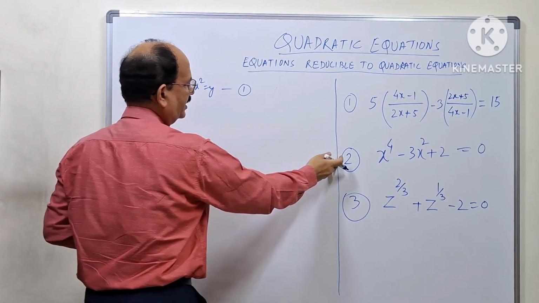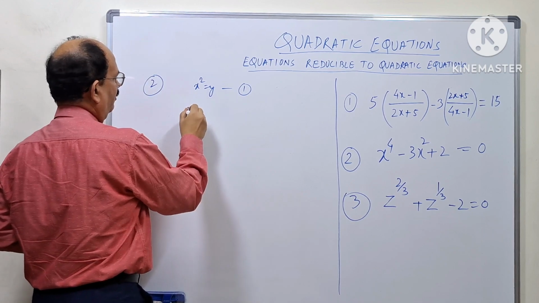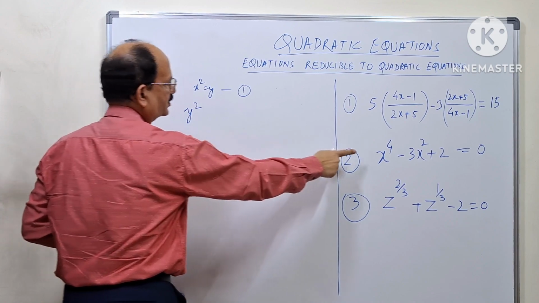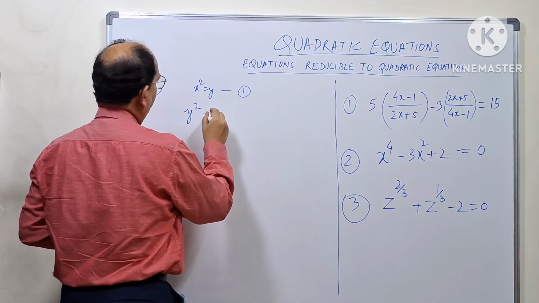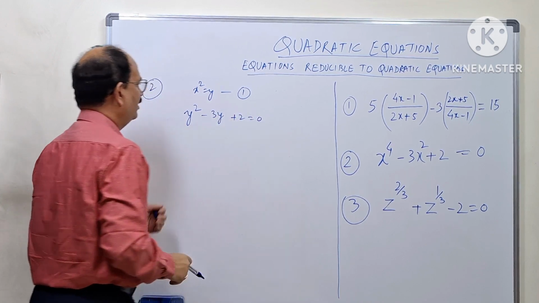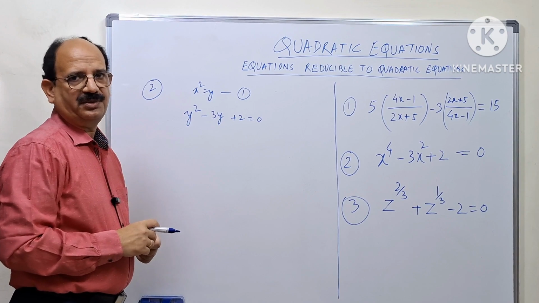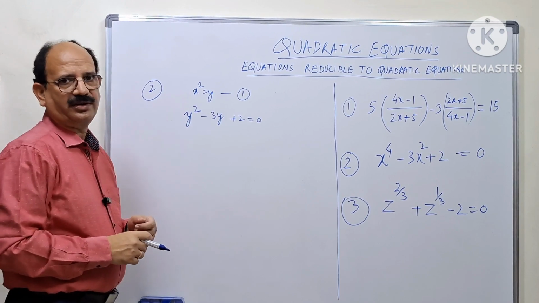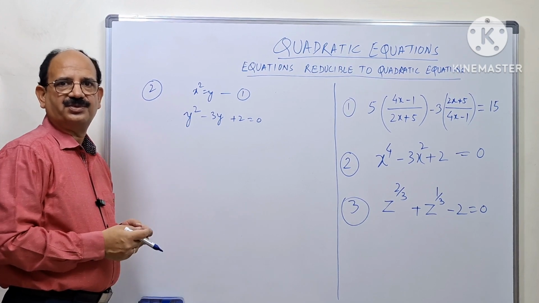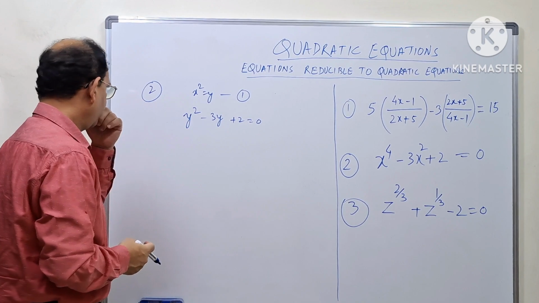Then this equation gets transformed to y square, because x square the whole square is x to the power 4, minus 3y plus 2 is equal to 0. Again, it is a quadratic equation. You can solve this quadratic equation by any of the 3 methods which we have discussed earlier.